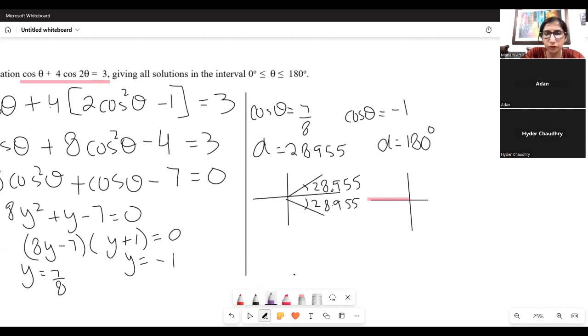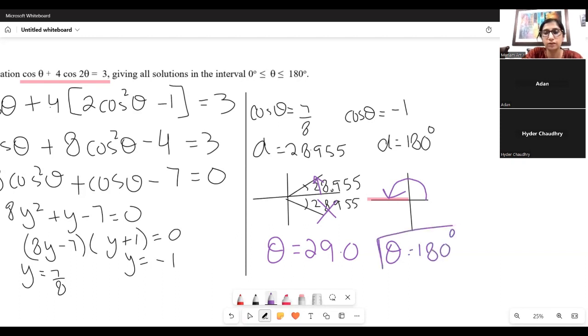Okay, so this is out of the domain. So this is our first answer. Theta equals 28.955, which becomes 29.0 after rounding to one decimal place. And this one is just 180 degrees. Theta equals 180 degrees. These are our two answers.